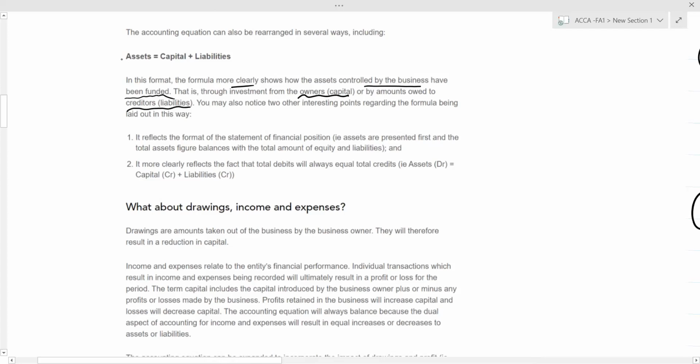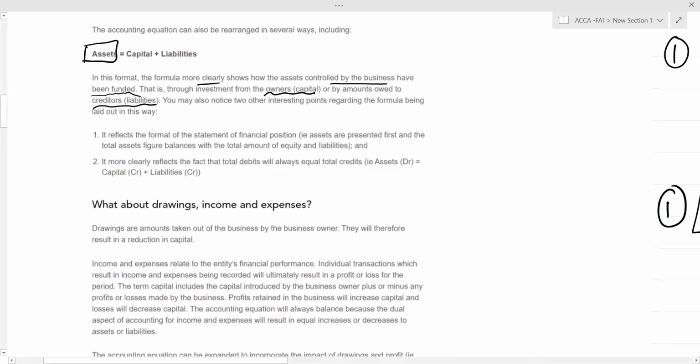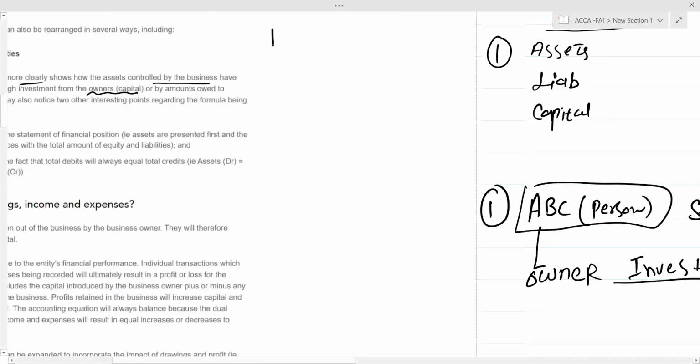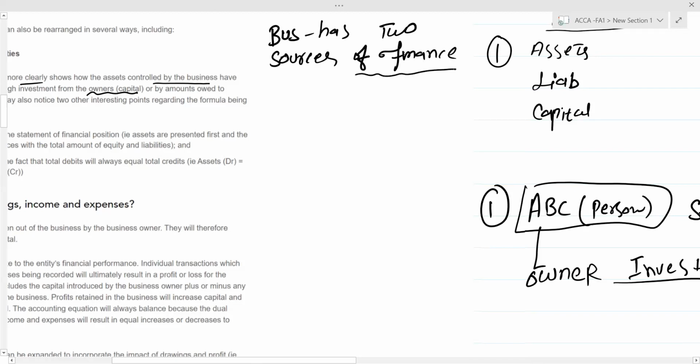Whatever assets the business has, where does the money come from? Remember, a business has only two sources of finance, meaning where the business will receive money to purchase the assets and fund the operations.